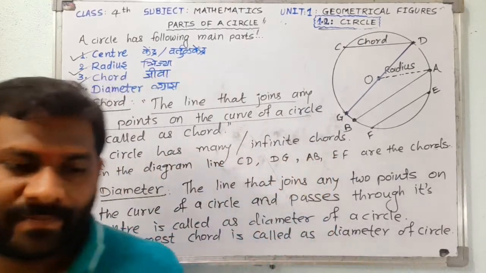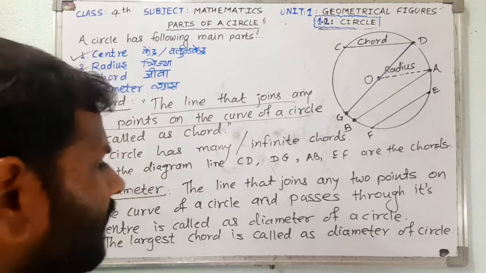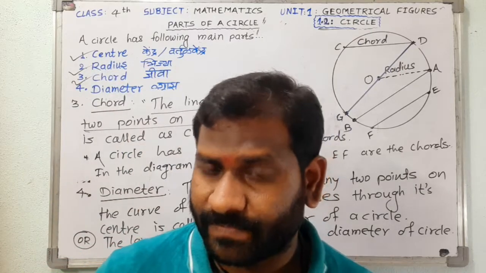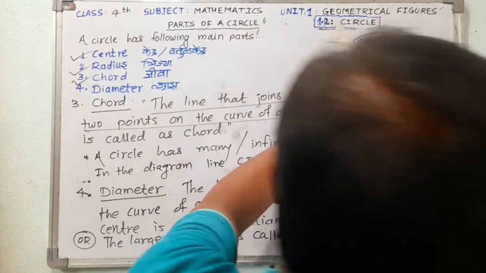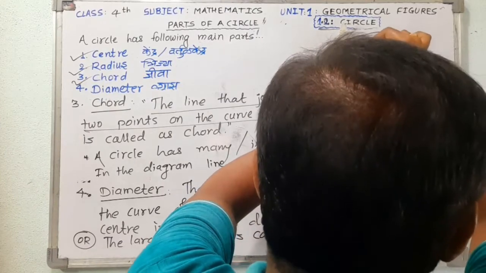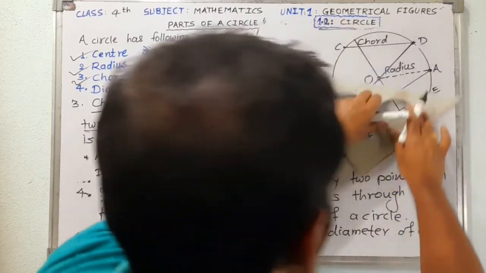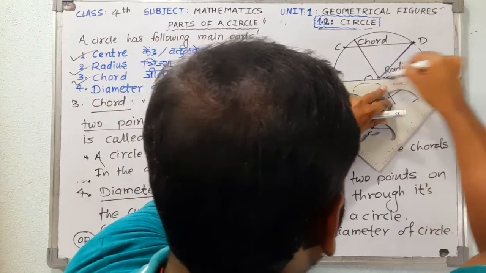Okay friends, so the next question is how many diameters does a circle have? And the answer is again, we can draw many diameters or infinite diameters. This is also a diameter, then this is also a diameter.